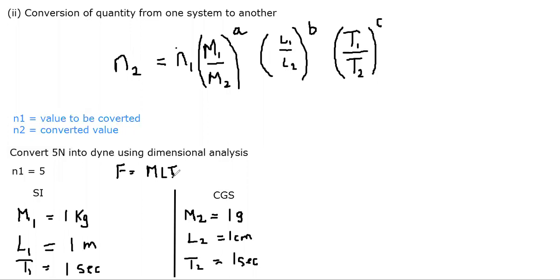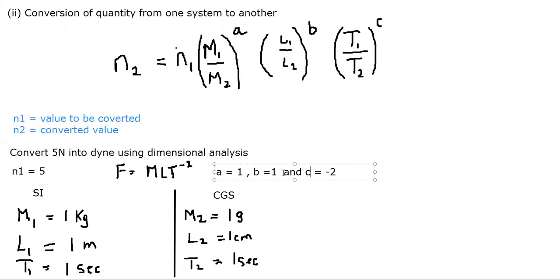Now, the powers of M, L, and T give your A, B, and C. So the value of A would be 1, B would be again 1, and C would be minus 2. You just have to see the powers of your dimensional formula.